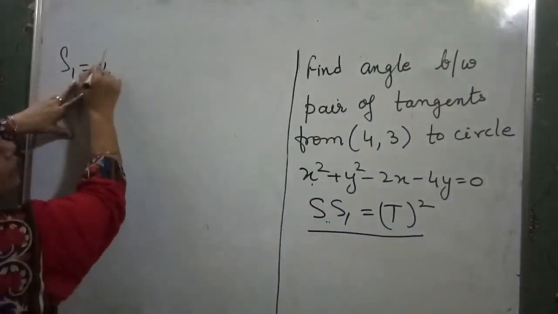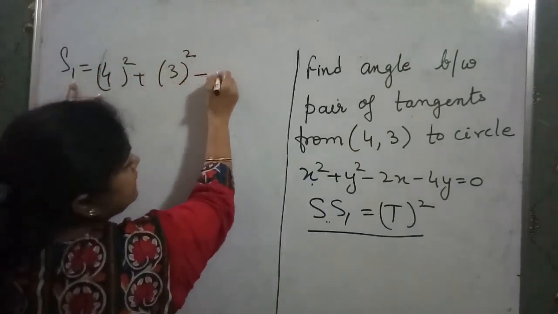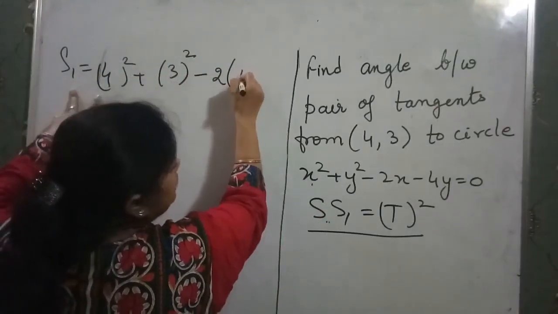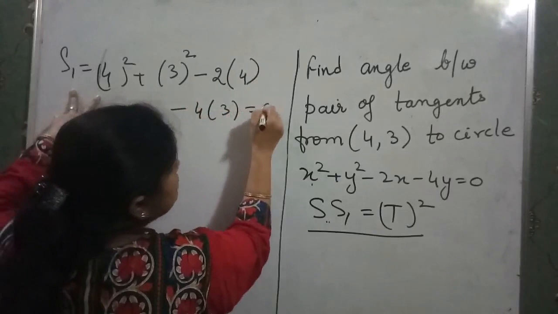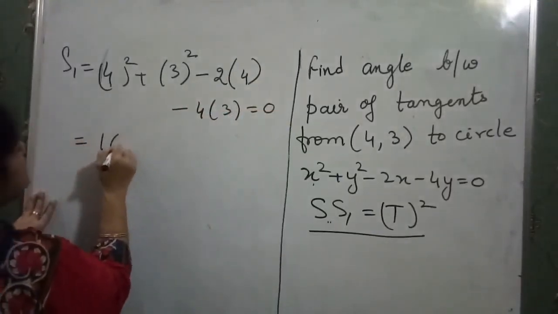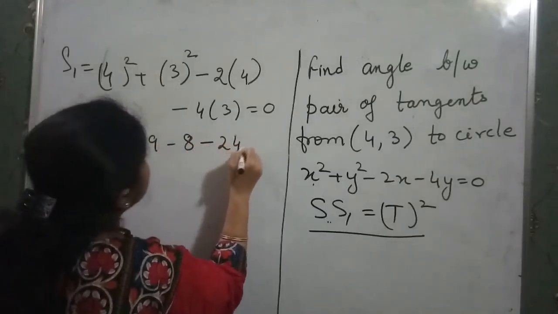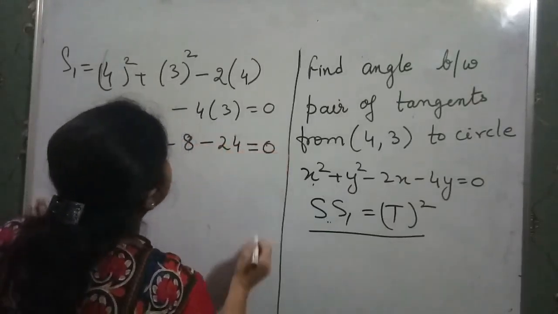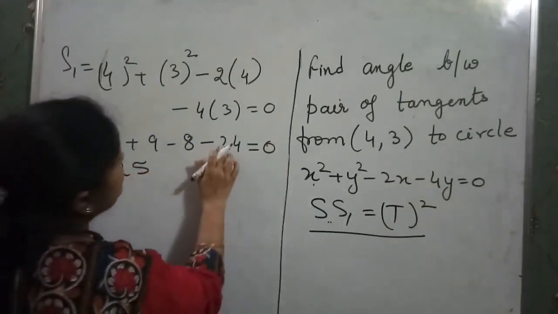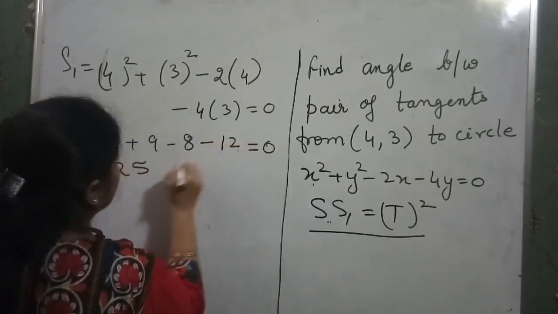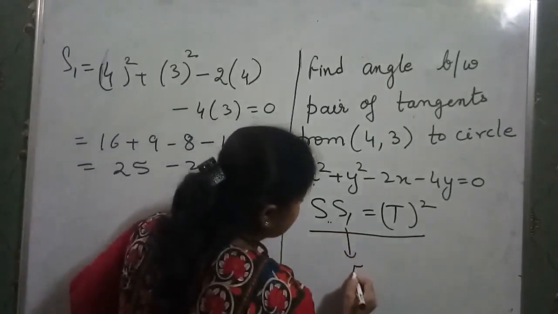We have 4 square plus 3 square minus 2 into 4 minus 4 into 3, which is equal to 16 plus 9 minus 8 minus 24. So we have 25, minus 20, which is 5. So the value of S1 here is 5.